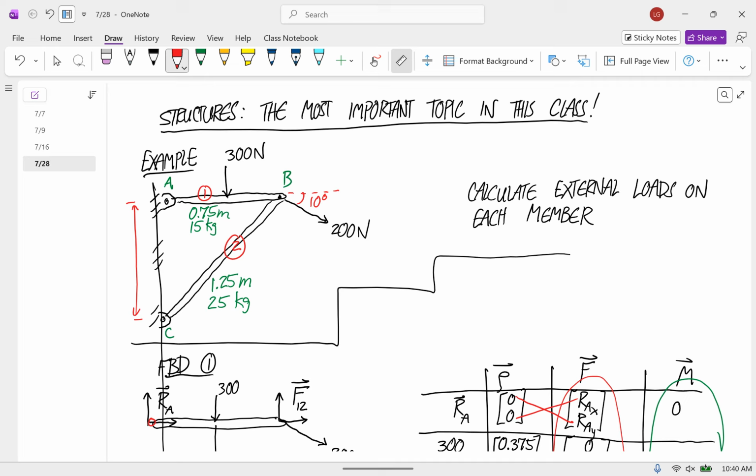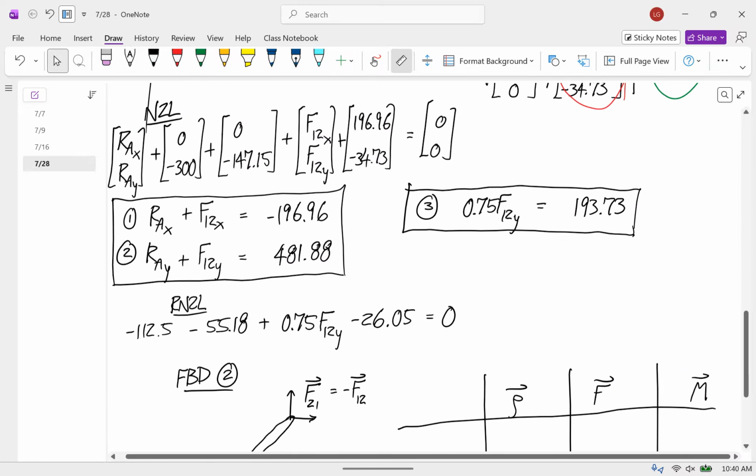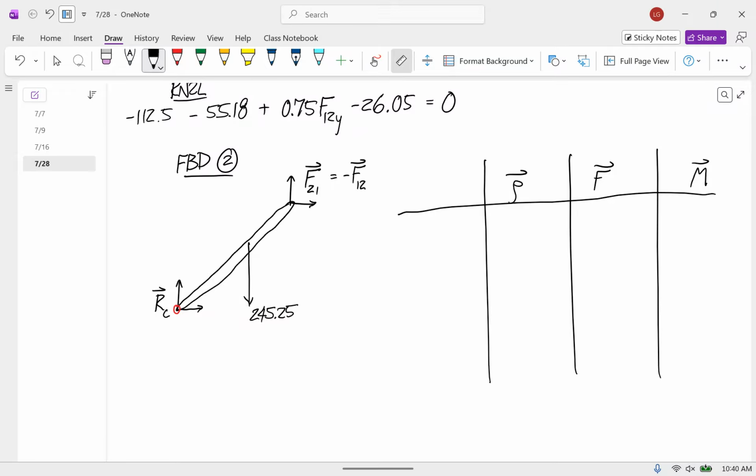Yeah, 1. That doesn't make sense though, does it? 3, 4, 5, 1. Yeah, okay. Okay, so the height is 1. The horizontal distance is 0.75, and we can use that to come up with these values.